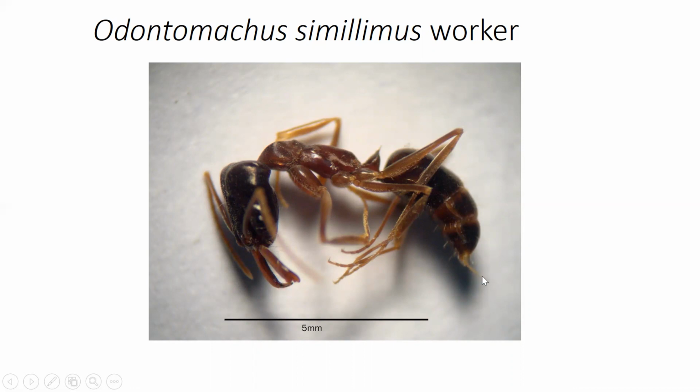This is the important appendage for stinging, which is the sting. The sting is the appendage used to pierce your body, so that venom can be pumped into your body through this.